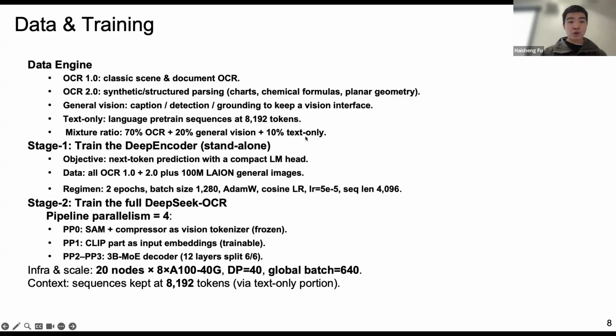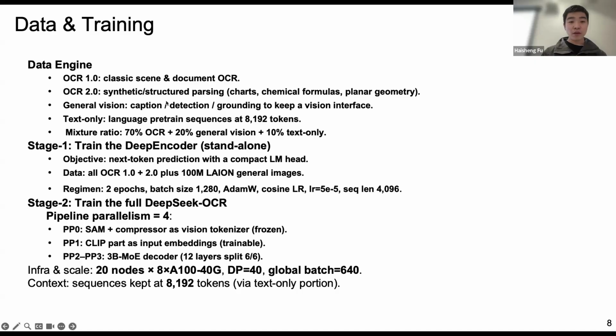And its training can be divided into 2 steps. The first step, they will train the DeepEncoder first. And this goal is to get very complex token representations.